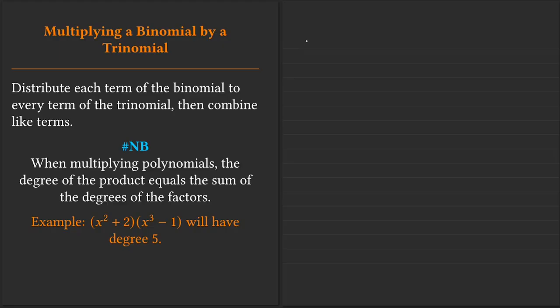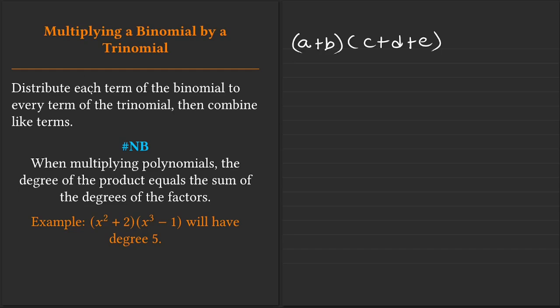So let's say you have A plus B multiplying C plus D plus E. In this bracket we have three terms, whereas this has just two terms. So we apply the distributive law once again.